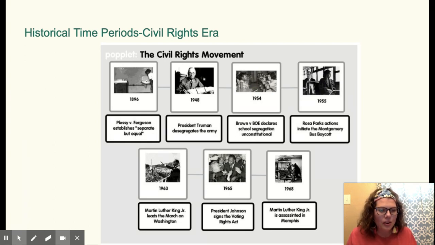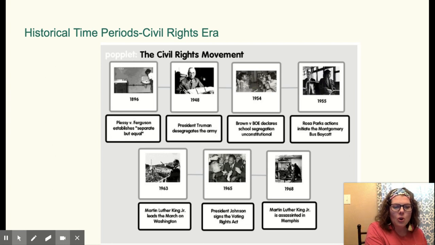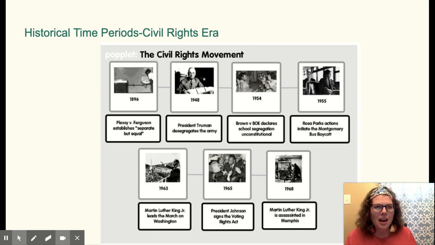And now, in our time, we get to learn from other cultures and embrace people and be friends with people that are different from us. And that is a wonderful thing that we get to do.